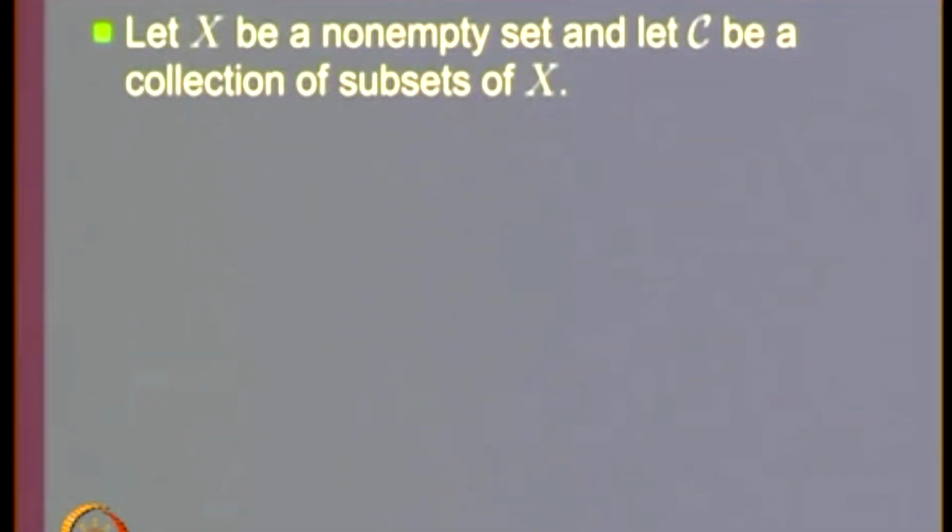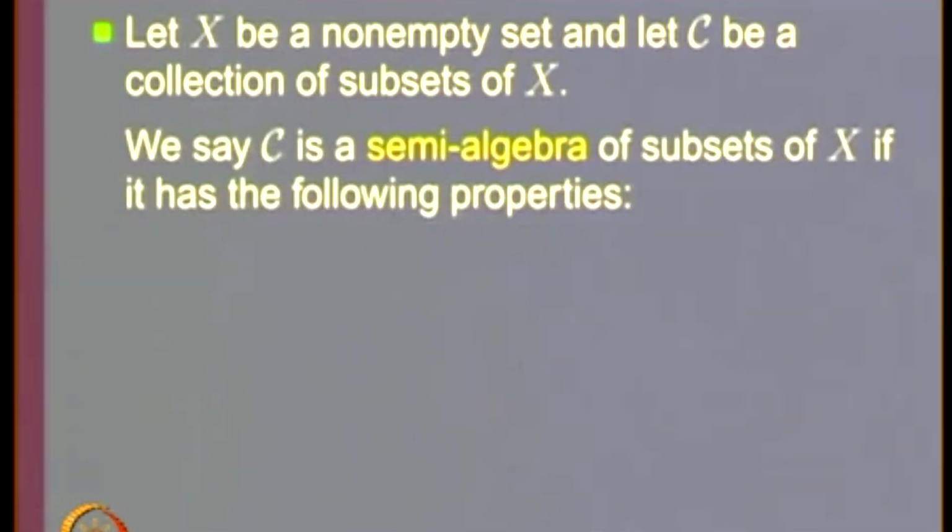So let us start with what is called a semi-algebra of subsets of a set X. Let X be a non-empty set and let C be a collection of subsets of that set X. We say that the class C is a semi-algebra of subsets of X if it has the following properties. First, the empty set and the whole space X are members of this class.